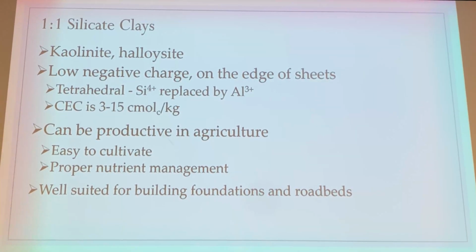Very low CEC. These are the red clays that we use to make buildings on. This is what's on your softball field. This is what's on the baseball field. It does not move, it doesn't shift.